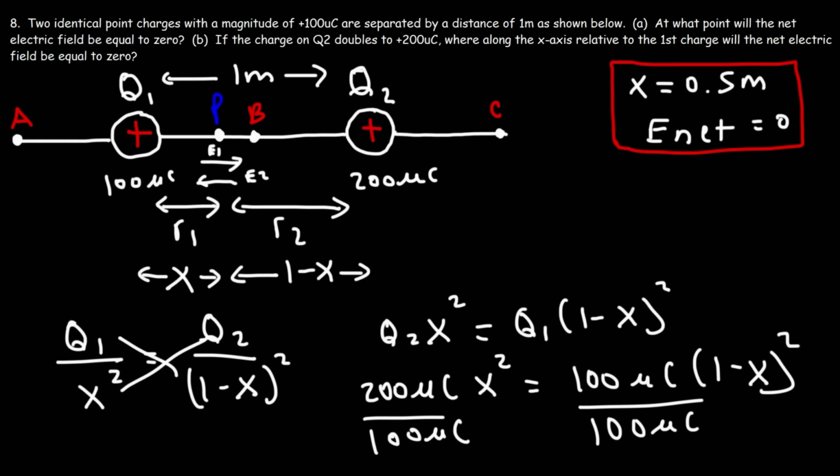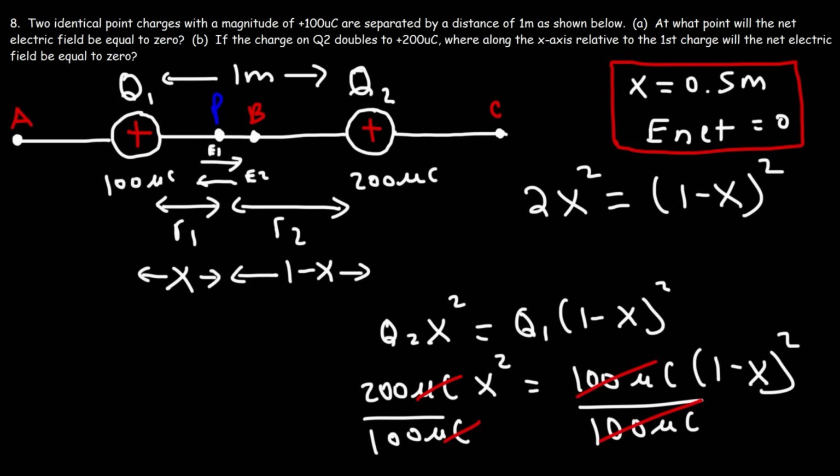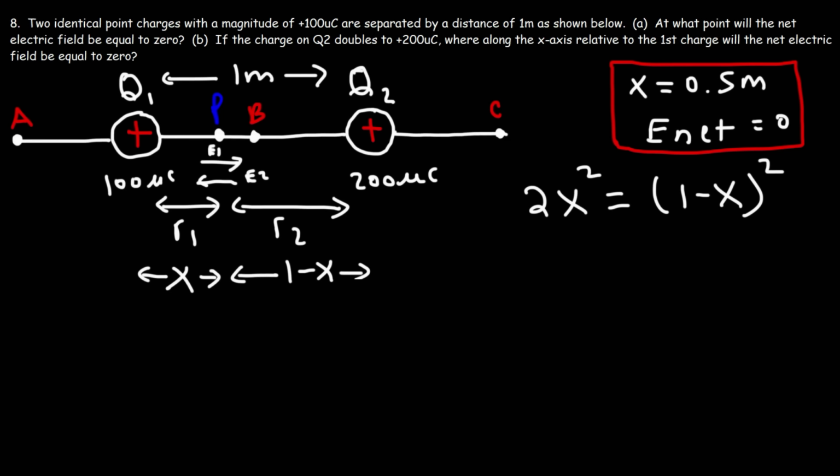So the unit microcoulombs will cancel. On the left we have 200 over 100, which is 2. So we get 2x squared is equal to 1 minus x squared.